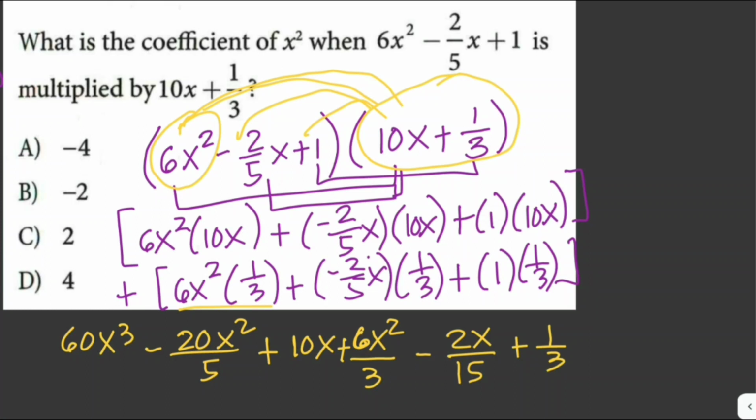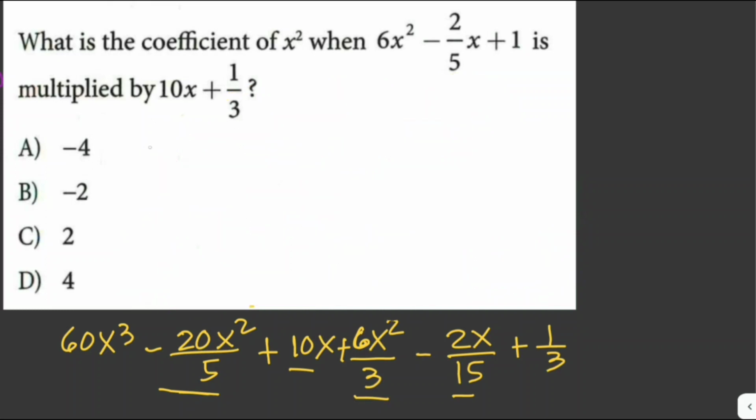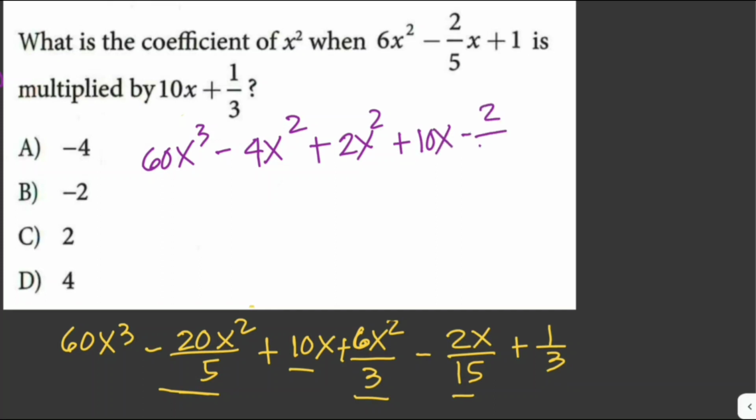So we can group like terms here. We can group those with x squared, and then with x. So this is just equal to 60x cubed, negative 20 over 5, that is negative 4x squared, plus 6x squared over 3, that is 2x squared, then 10x plus 10x minus 2 over 15x plus 1/3.